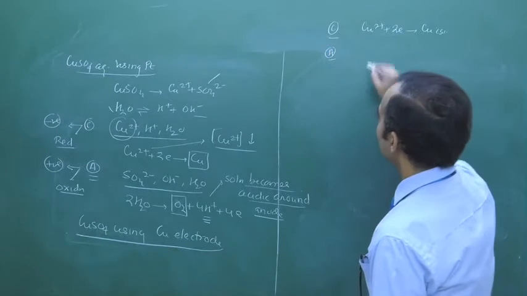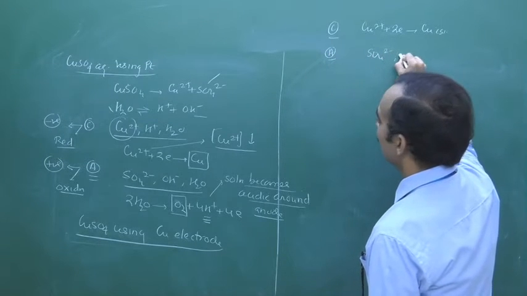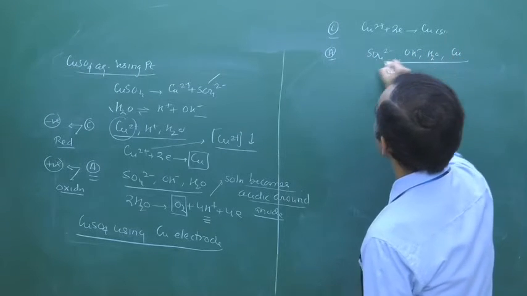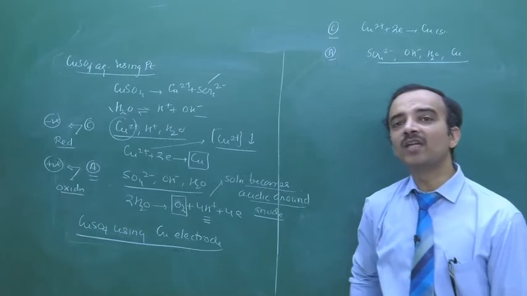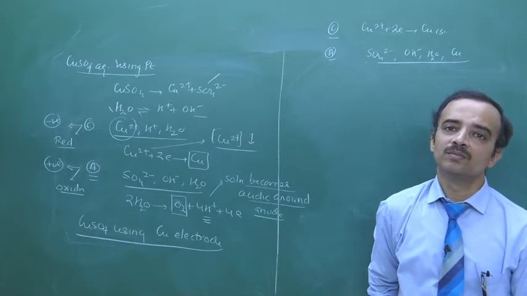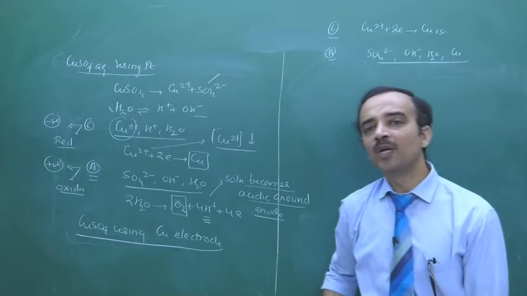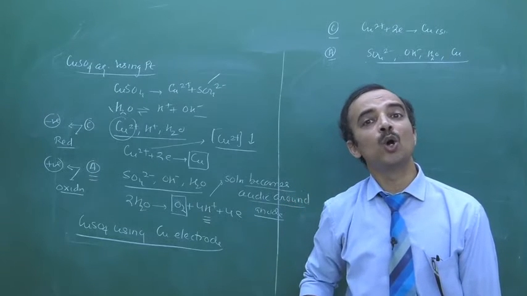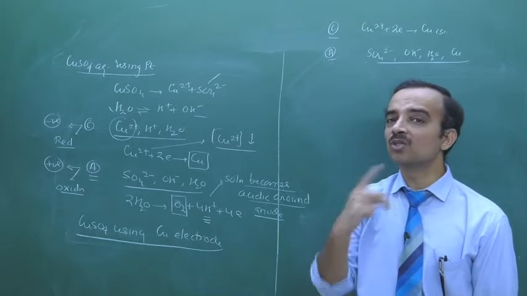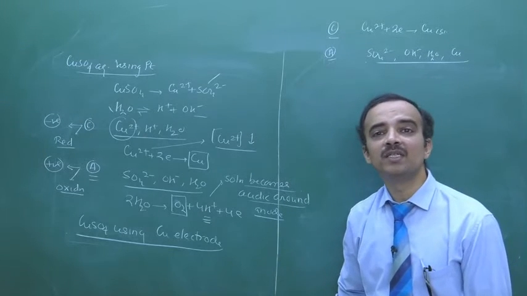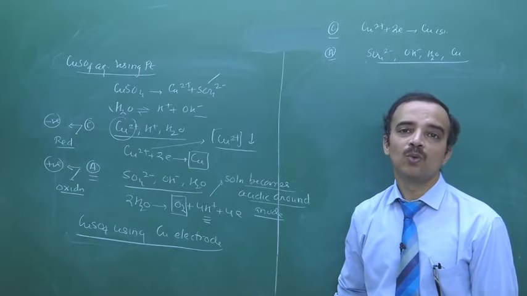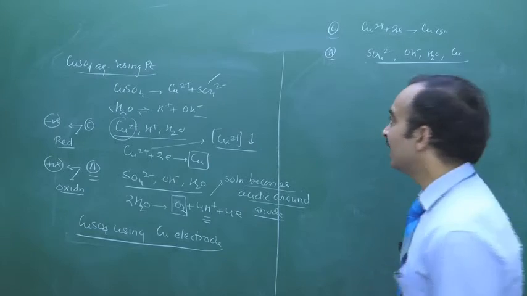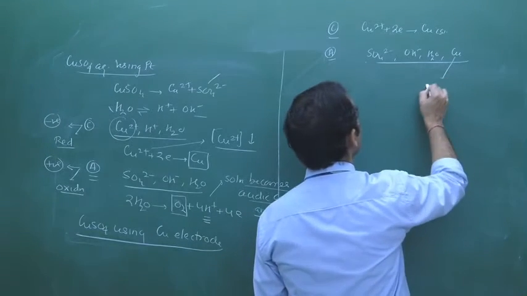Beta, at anode copper will also enter the competition. Why? Because earlier platinum was an inert, non-attackable electrode. It was not participating in any competition. But copper is not so. Copper is an attackable electrode. It will participate. Let us see their E0 OP.